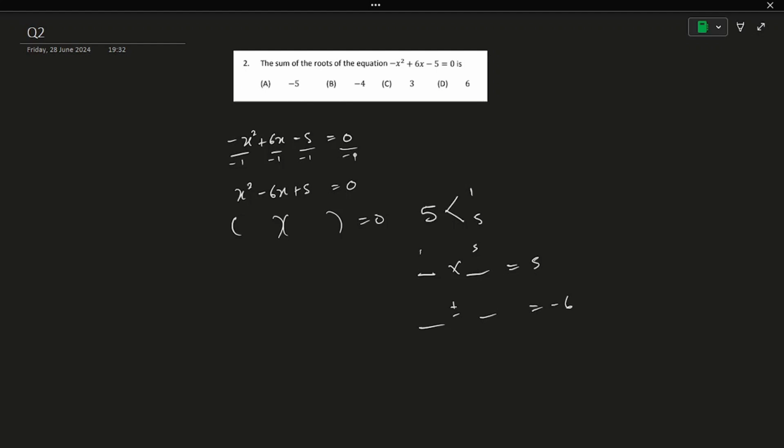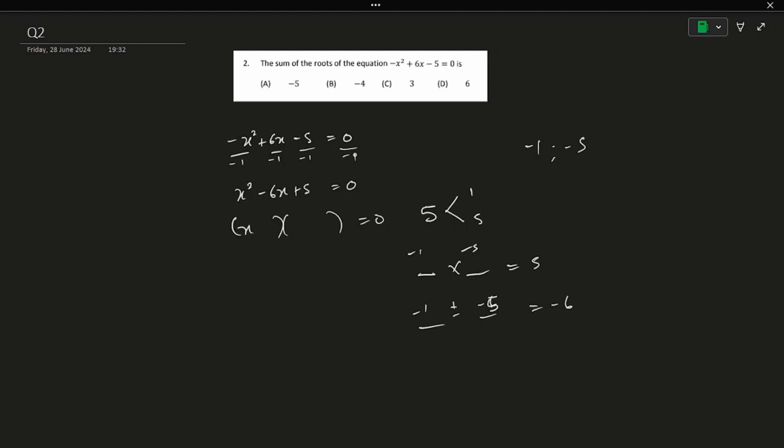So 1 and 5 cannot be the factors. We can try negative 1 and negative 5, because negative 1 times negative 5 gives us 5, and negative 1 plus negative 5 gives us negative 6. So the factors we're looking for are negative 1 and negative 5.